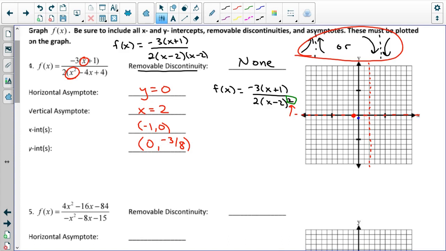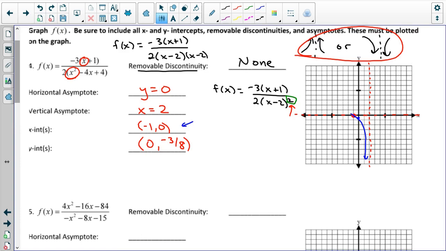So now it basically becomes what's logical. Well, if there's a point here and a point at 0, -3/8, my graph is going to look like that because I can't cross the x-axis anymore. I have no other x-intercepts.